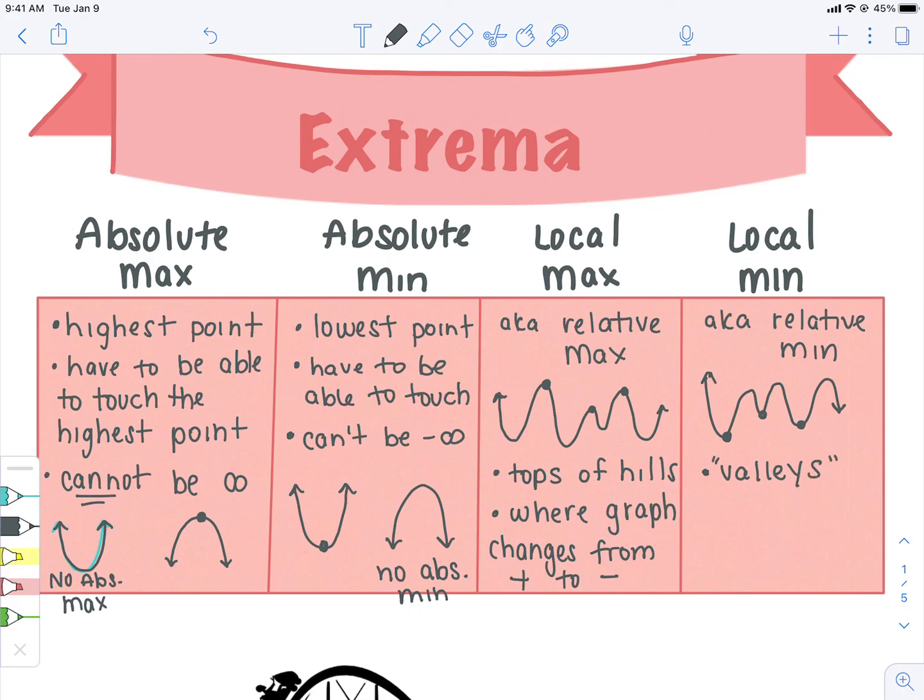Or it's where the graph is switching from being negative or going down to going up. So absolute, very highest or very lowest. Local max, all the high points. Local min, all the low points.